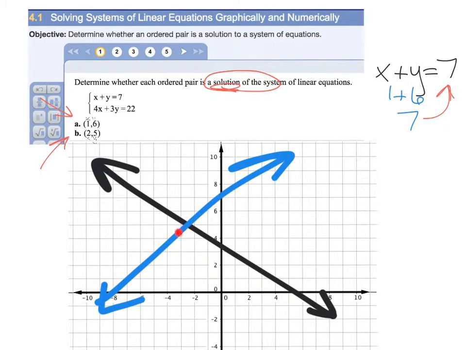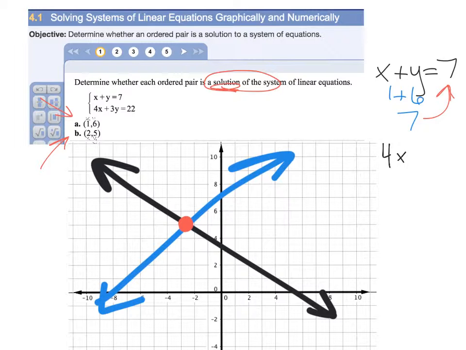What are we doing? We're supposed to be looking for the solution, the place where both lines work, where the lines cross. So far we've figured out that 1, 6 works for the first line. So let's see if it works for the second line.